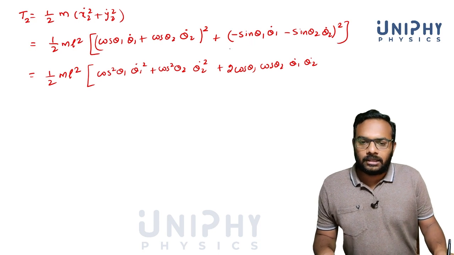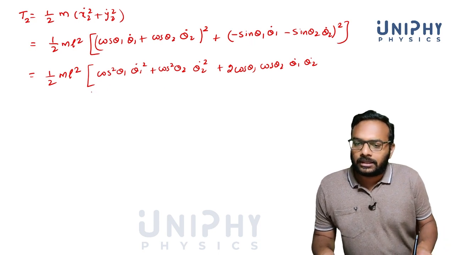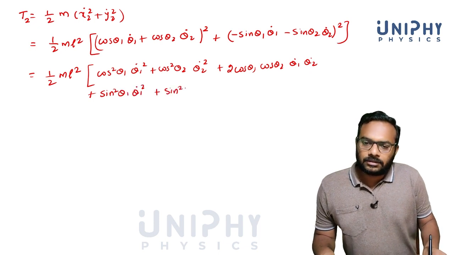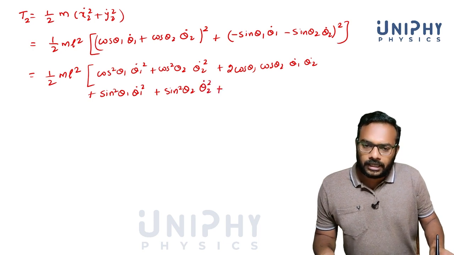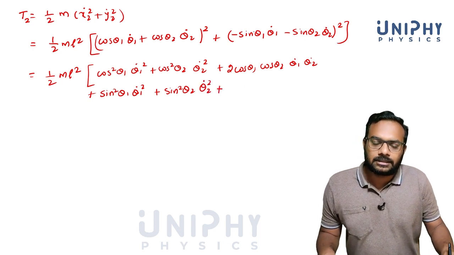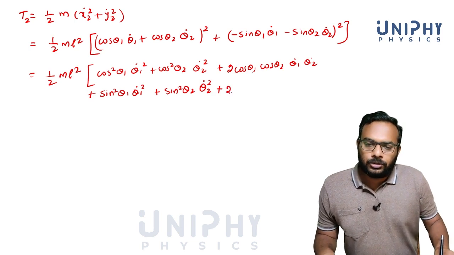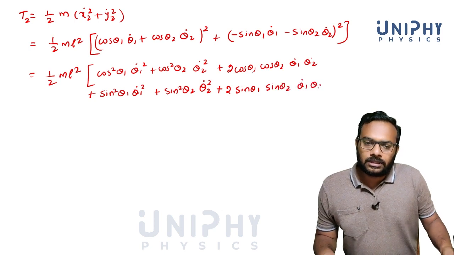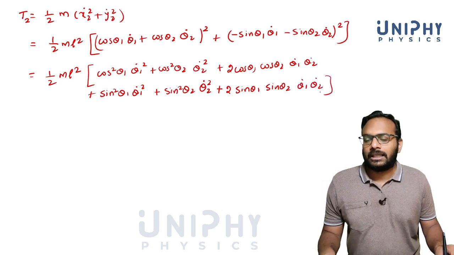Okay, similarly we square this thing, we get plus sine square theta 1 dot square plus sine square theta 2 dot square. Again there's a plus here because it's 2ab. All right, 2 sine theta 1 sine theta 2 theta 1 dot theta 2 dot. Okay, we have just squared and added.